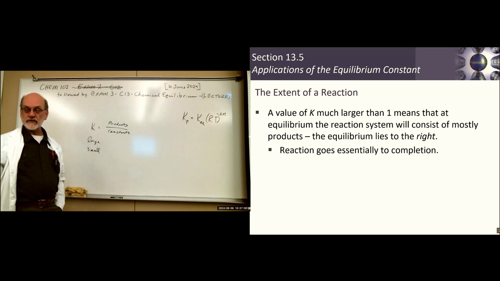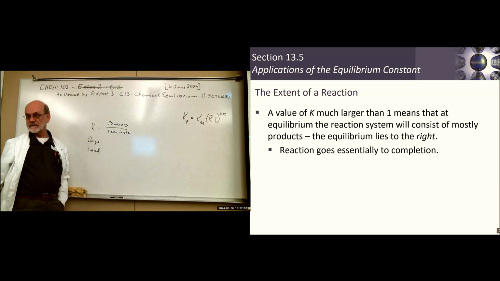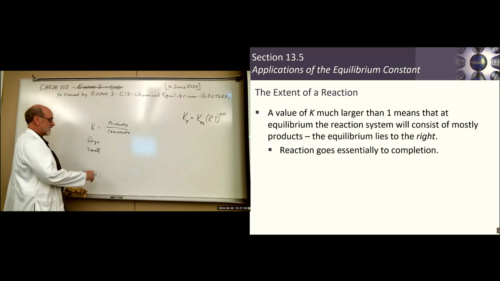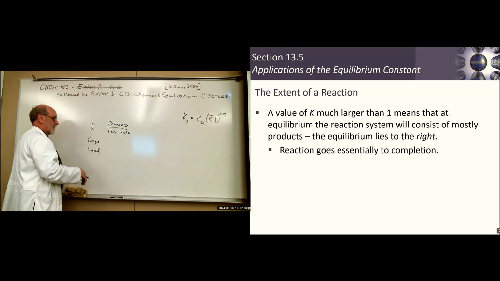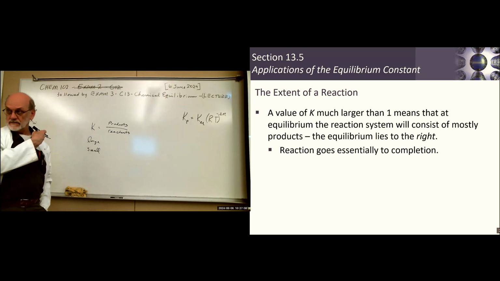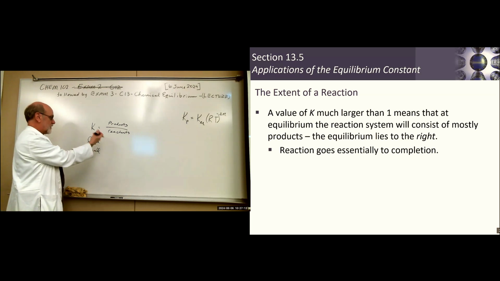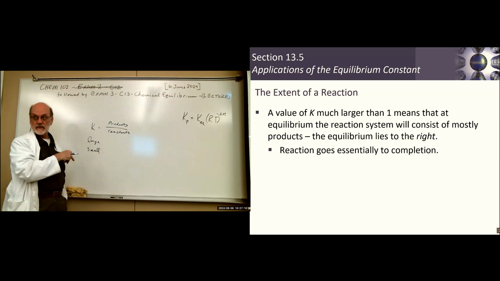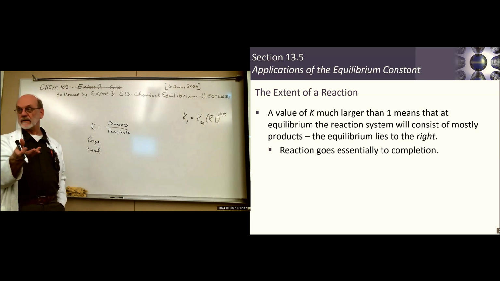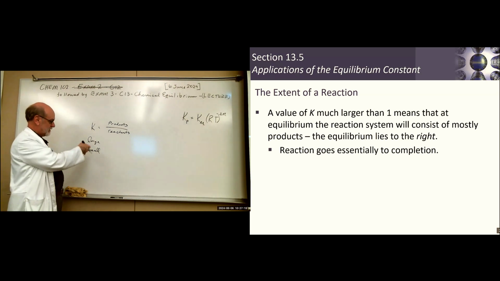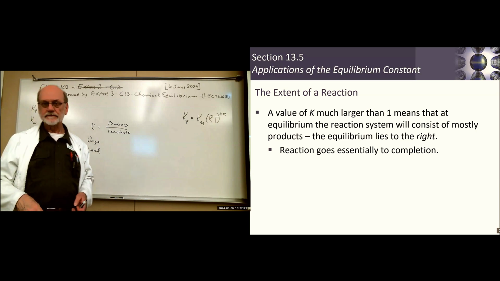Now, what would happen if we just flip the reaction? If K is large and we flip the reaction, now it favors reactants. They were the products, now they're the reactants, and K is going to be small now, right? Because you invert it. And vice versa for the other one.